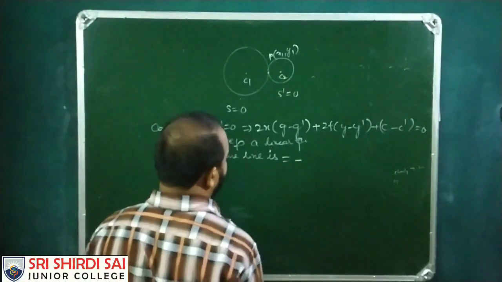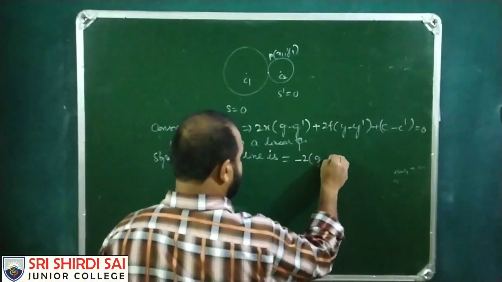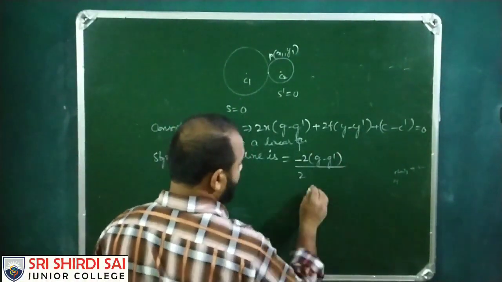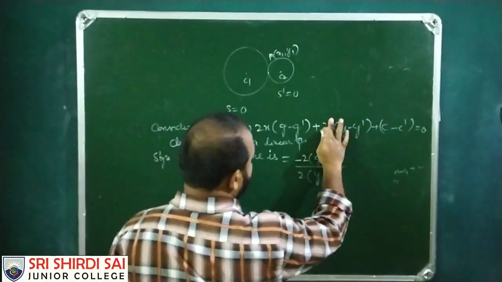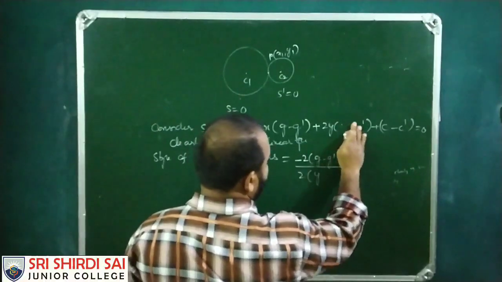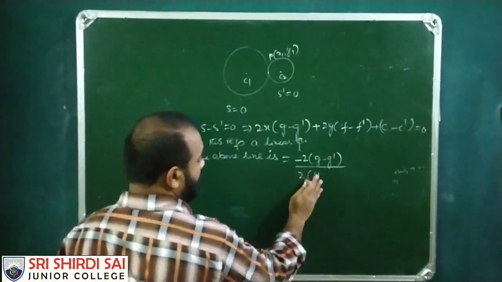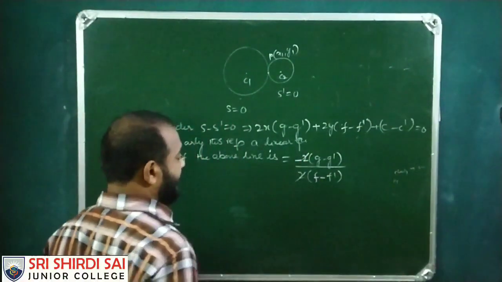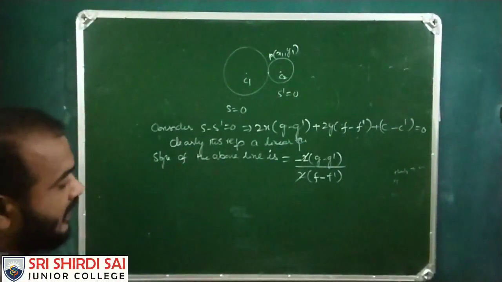So minus of the coefficient of x, 2(g minus g dash), by the coefficient of y, 2(f minus f dash). So 2 gets cancelled. So minus of (g minus g dash) by (f minus f dash).